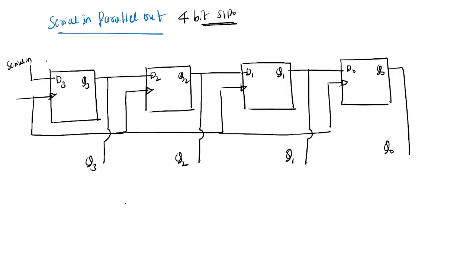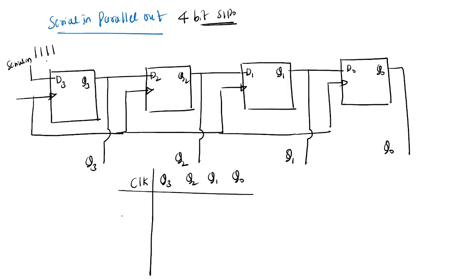If you write the clock and Q3, Q2, Q1, Q naught, the serial in data is the same. Serial first loading the data. Initially when the clock is not applied, all the flip flops are zero. When clock is one, Q3 becomes one, remaining all are zeros.